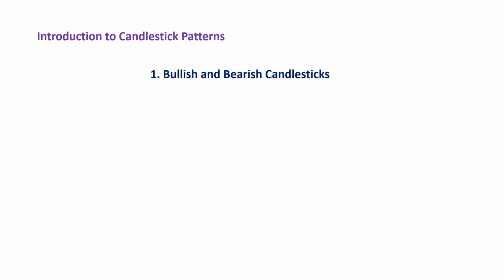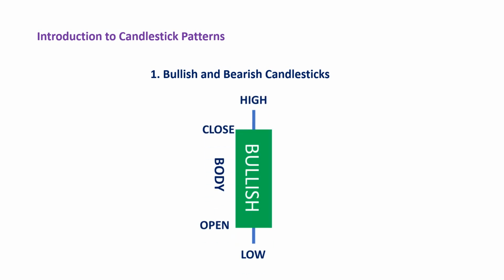The first one is bullish and bearish candlesticks. Candlestick patterns are categorized into bullish and bearish patterns. A bullish candlestick indicates buying pressure and suggests that the price may increase. It typically has a higher closing price than the opening price, resulting in a filled or colored body, often white or green.